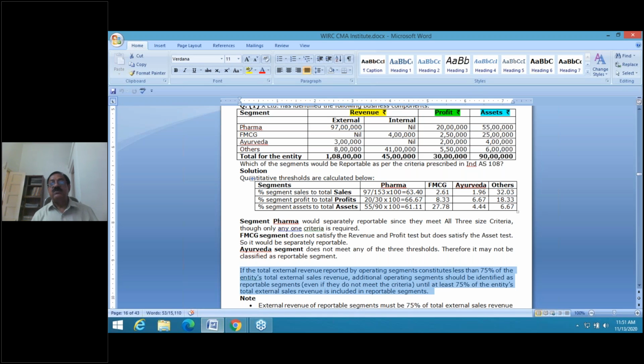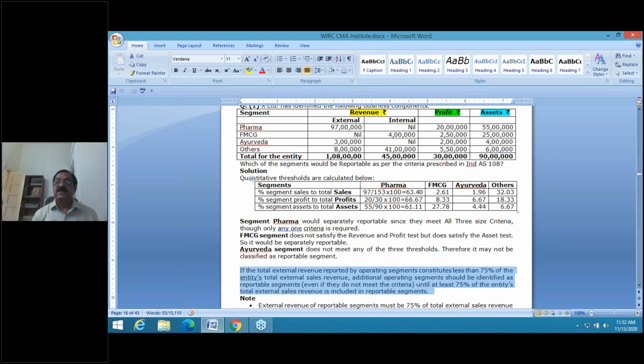So again, I repeat, friends, what are the 5 conditions? 1, 10% or more of the external plus internal segment sales. 2, 10% of results. 3, 10% of assets. 4th, management discretion. And 5th, total external sales revenue of all reportable segments under conditions 1 to 4 should be at least 75% of the entity's total external sales.